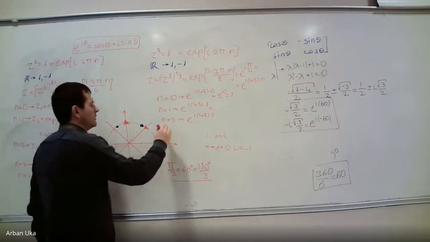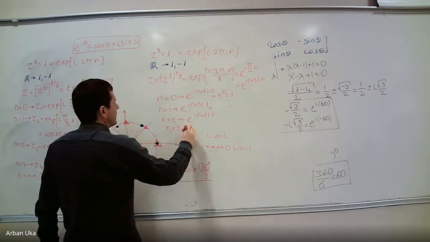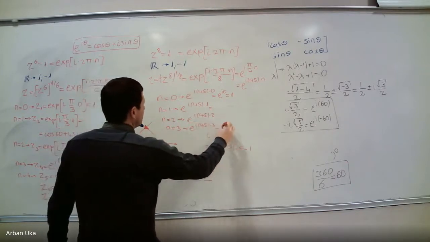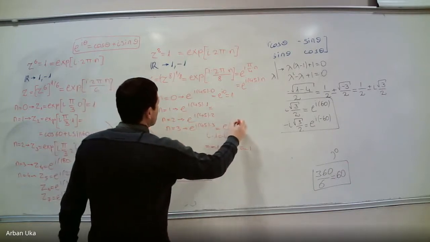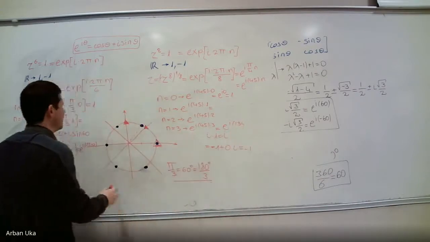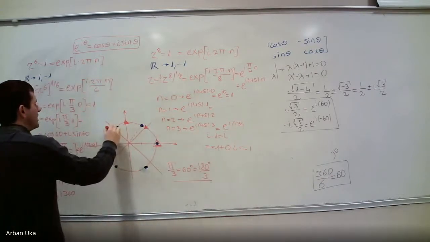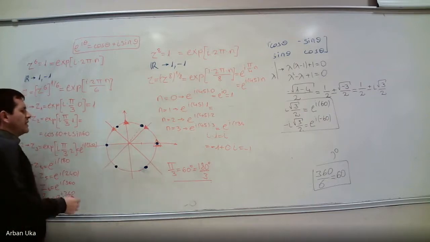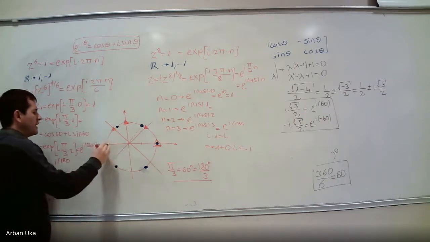For n equal to 3, we get e to the power i times 45 times 3, which is 135. So we get this value, and it is obvious that we are going to find another root each time we rotate by an angle of 45.